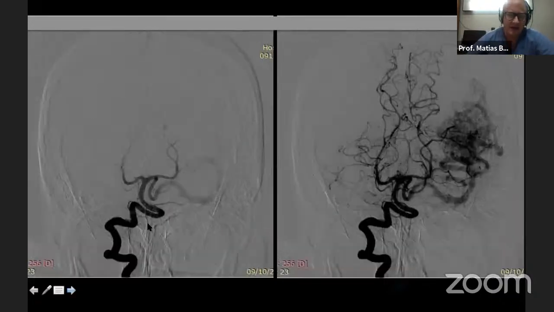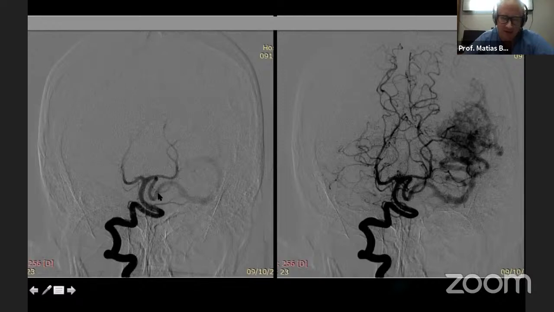Another projection, and here we can observe an injection of contrast in the right vertebral artery, and we can observe that the AVM, using a fetal posterior communicating artery, is taking some part of the blood from the posterior circulation in order to fill this big nidus.